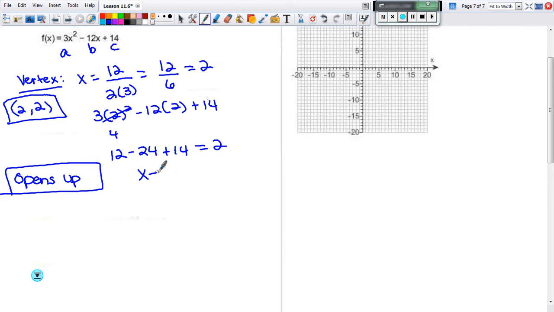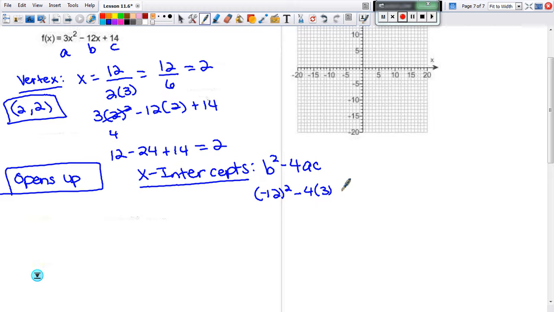The x-intercepts, you have to check that against the discriminant. B squared minus 4ac. So you've got -12 squared minus 4 times 3 times 14. So -12 times -12 is a +144.